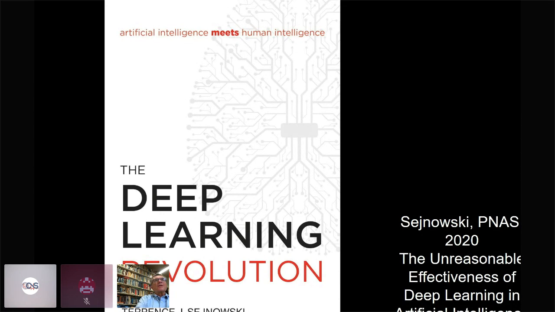And the real punchline is the tagline at the top, which is artificial intelligence meets human intelligence. There's a convergence going on now between these two fields as neuroscience has better tools and techniques for understanding neural circuits, and as the tools for analyzing data from machine learning get better and better. And we can now take these tools and understand better how brains function.